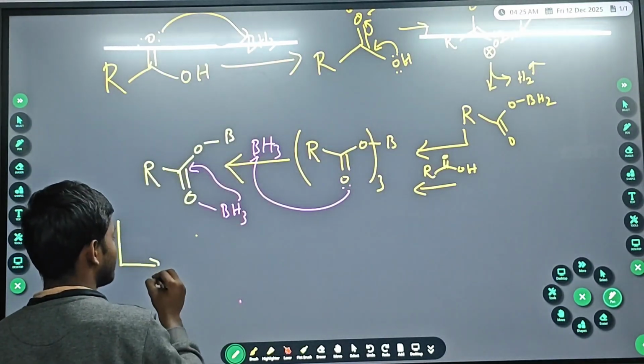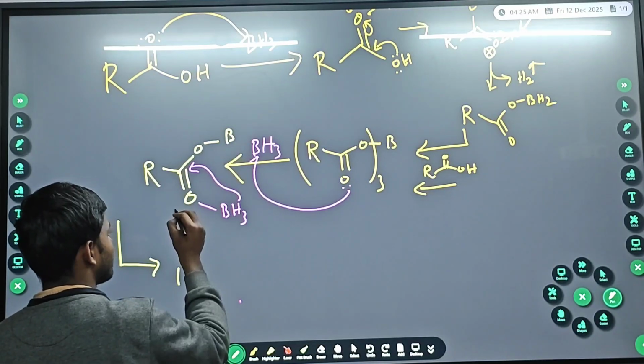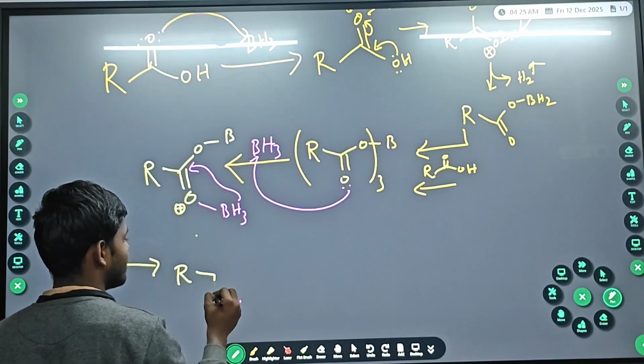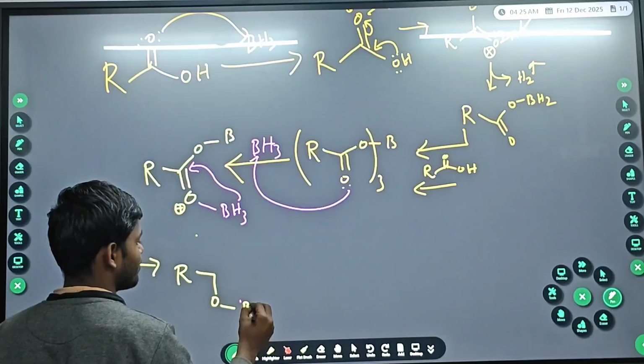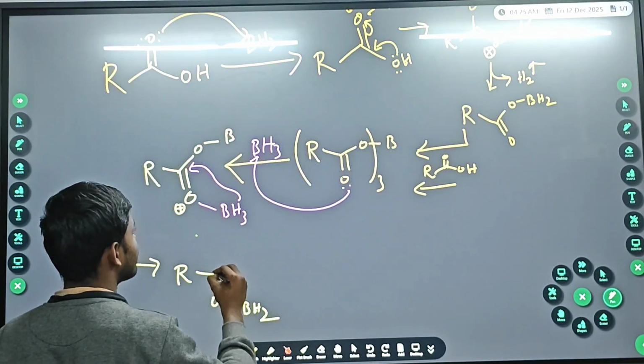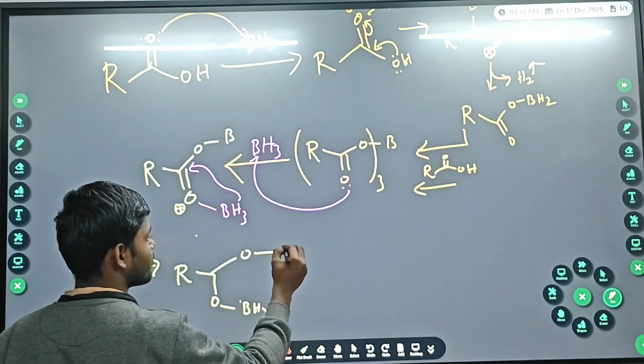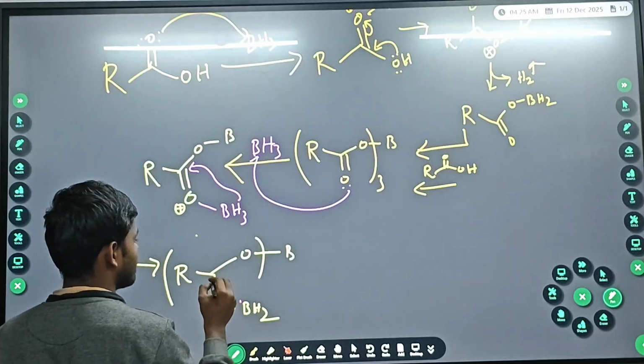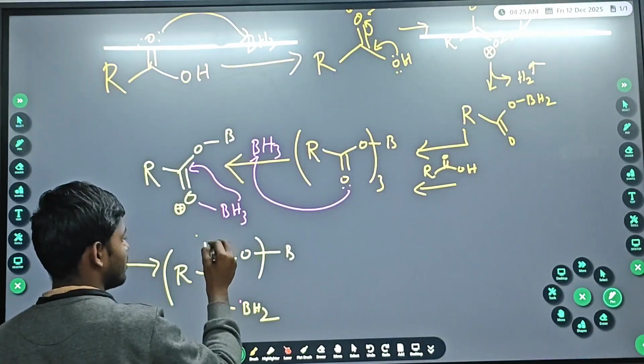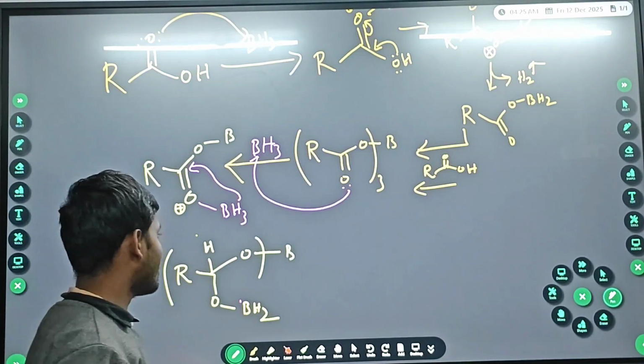As a result, it will make BH2OB. There is a hydrogen.